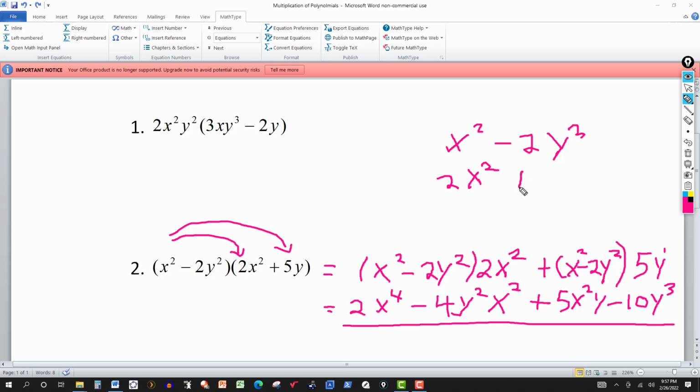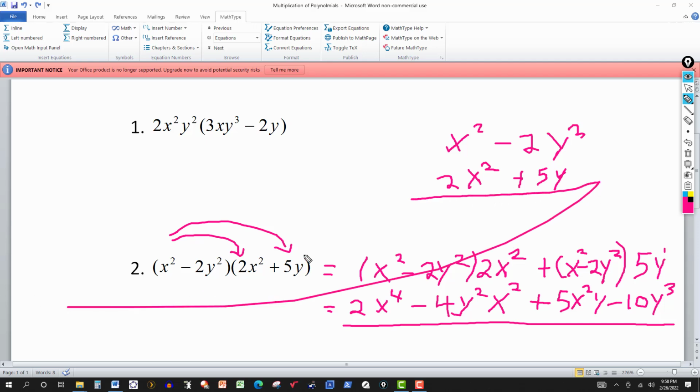This works nice if you're multiplying binomials. I guess it could also work with other ones, but this is more convenient. Got a binomial and a trinomial. You can do something like this also, but you can't go wrong with the distributive property.